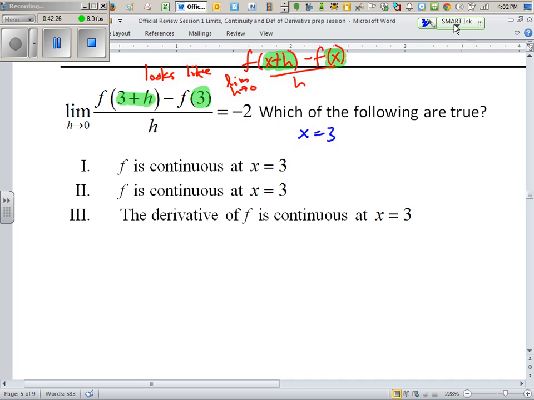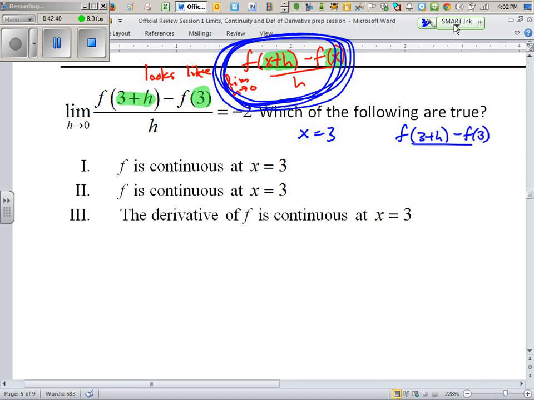So x is 3. What does this whole thing mean? This is the definition of a derivative. So all of this, limit as h goes to 0, means f prime of 3. The whole thing means f prime of 3.